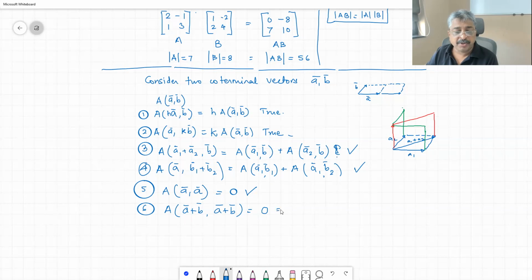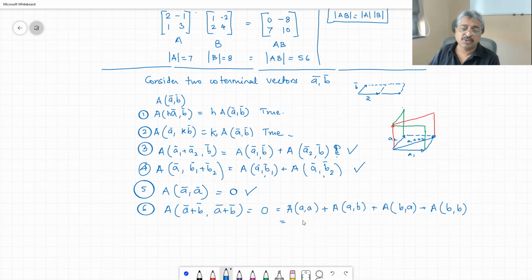But then using previous property, we can say area of A comma A plus area of A comma B plus area of B comma A plus area of B comma B. Good. Therefore, this is 0, 0. So area of A comma B and area of B comma A added together becomes 0.